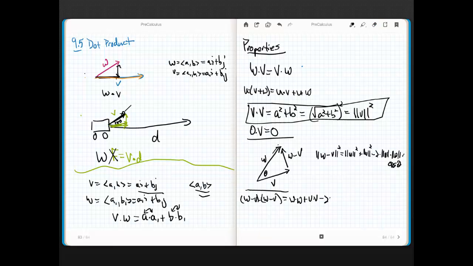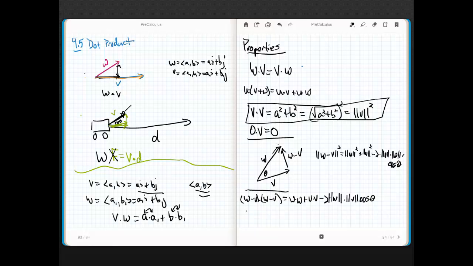Now notice, there's nothing that says that the product of two magnitudes is their dot product. There's nothing that says that. So I'm going to leave this as the magnitude of w times the magnitude of v, and then here's my cos theta. Okay? Now watch what happens. This is pretty cool. If we have the distributive property, then we have FOIL. Remember, FOIL is just a generalization of the distributive property.